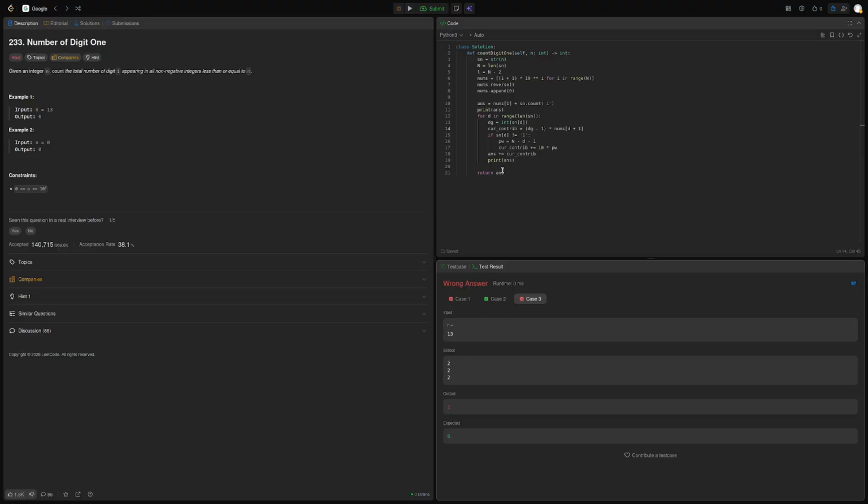So let's figure out why it's 2 here. So nothing, and that's not 1. Wait, but no, it should be 1 for no.